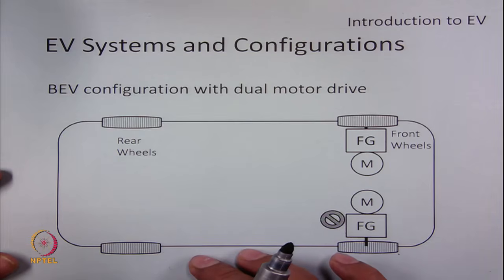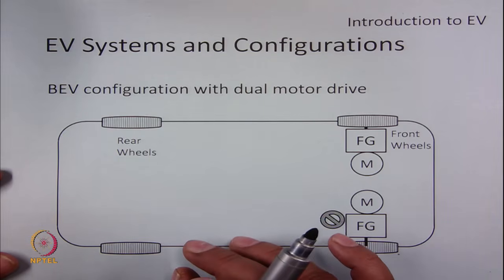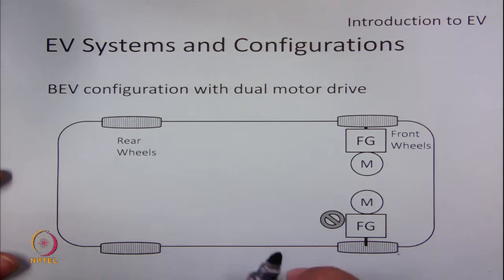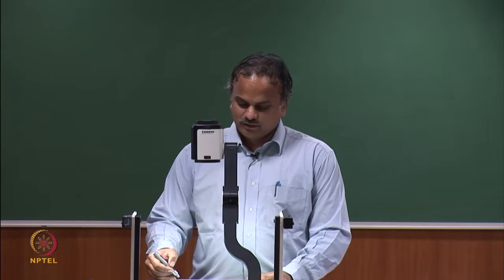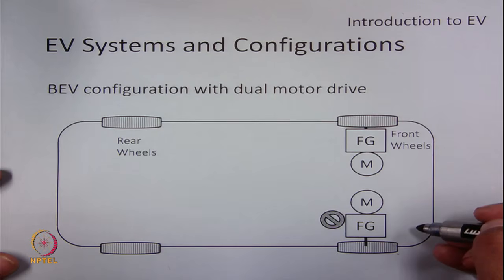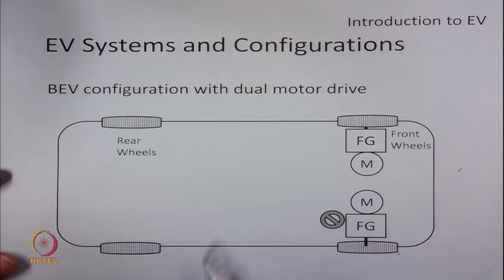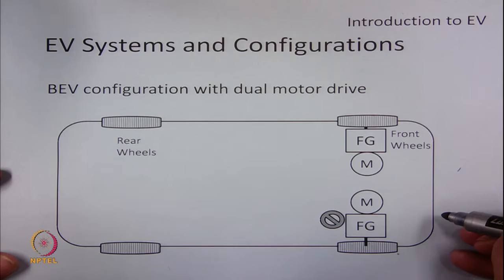So, we all know that the differential is a very important mechanical device which is used to create a differential in the speed of the front wheels, such that it allows turning operation without any discomfort to the operator or without losing any control. This differential can also be eliminated if we use a dual motor system.